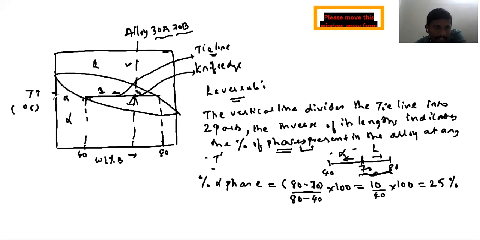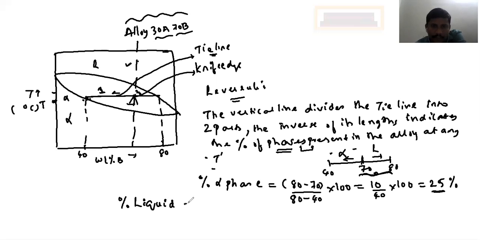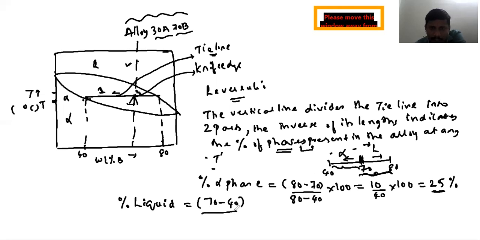Okay. So at this temperature, for this alloy, the percentage of solid solution formed is 25, and the percentage of liquid phase formed is, from the considered alloy point, if you move to the right, you are getting the liquid phase. So the opposite length is 70 minus 40, divided by the total length, which is 80 minus 40, into 100.